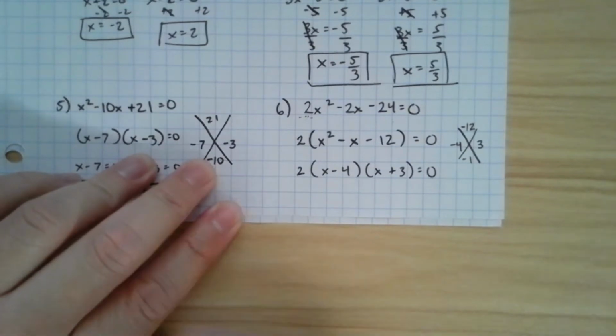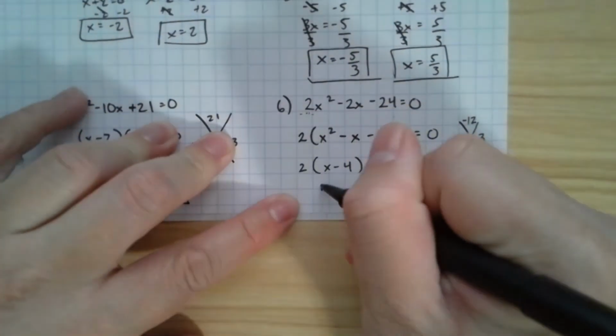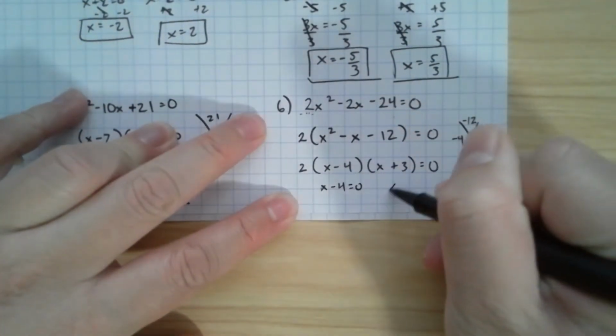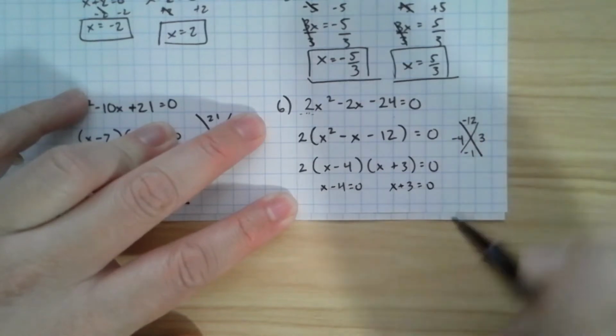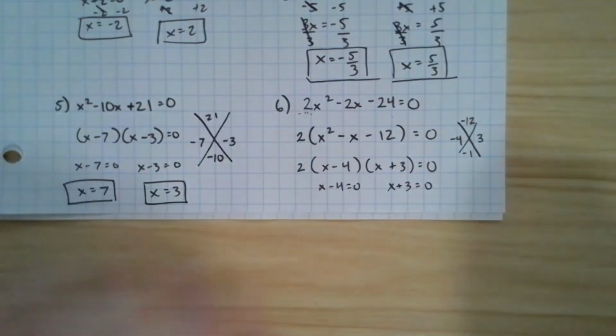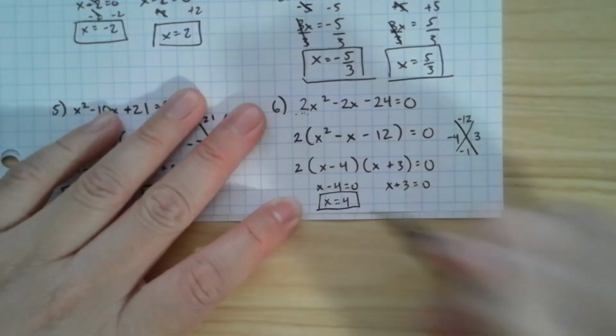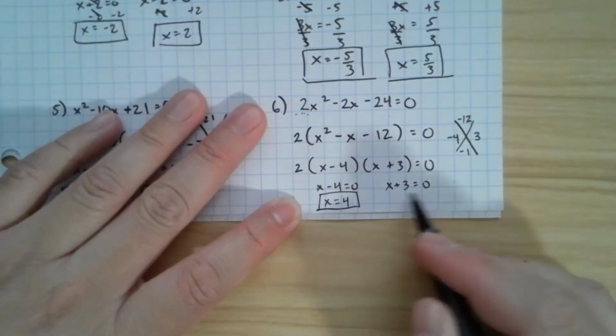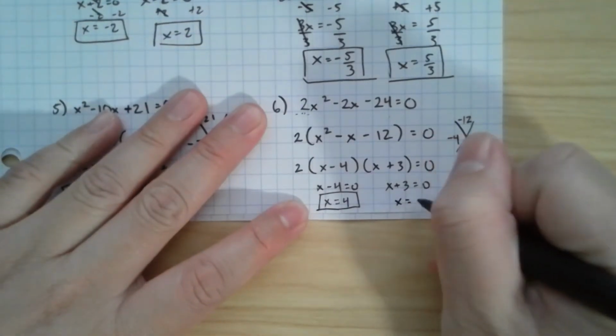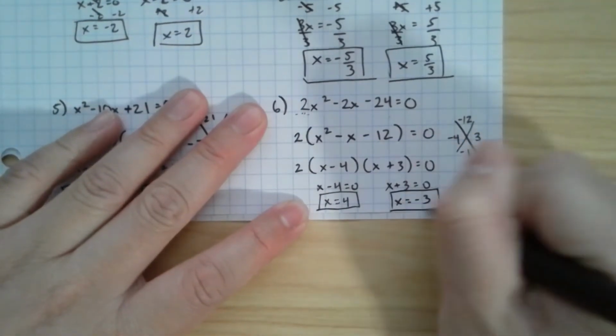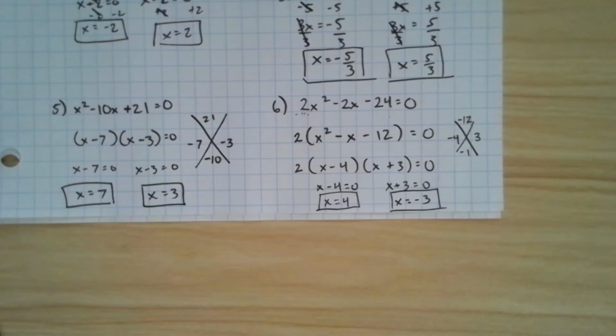No, so it's completely ignored. You only worry about the factors in the parentheses. So your first one, add 4 to both sides, so your answer is positive 4. Right here you'll subtract 3 from both sides, so then your answer is negative 3.